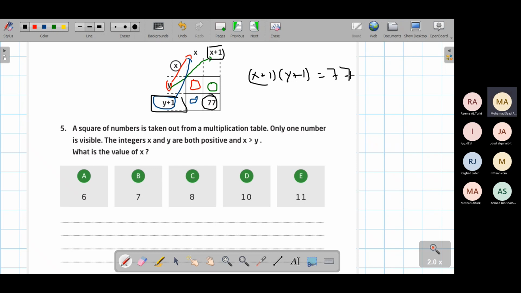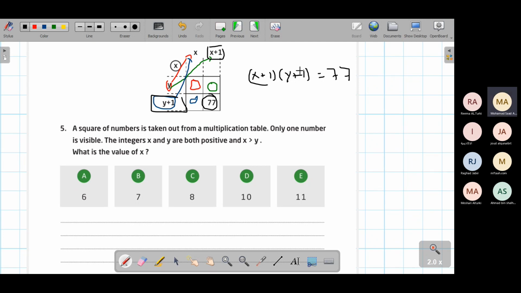You will multiply the horizontal with the vertical, and you will have the answer in the intersection of both lines. So x times y is equal here. y times x plus 1, the answer is here. y plus 1 times x, the answer is here. And finally, y plus 1 times x plus 1 equals 77. Any questions about this part? No. Okay, any questions?